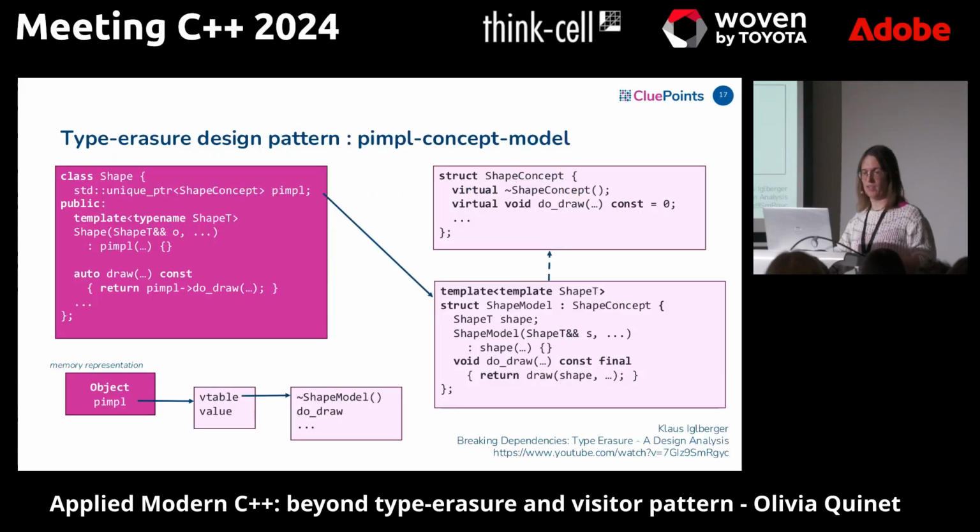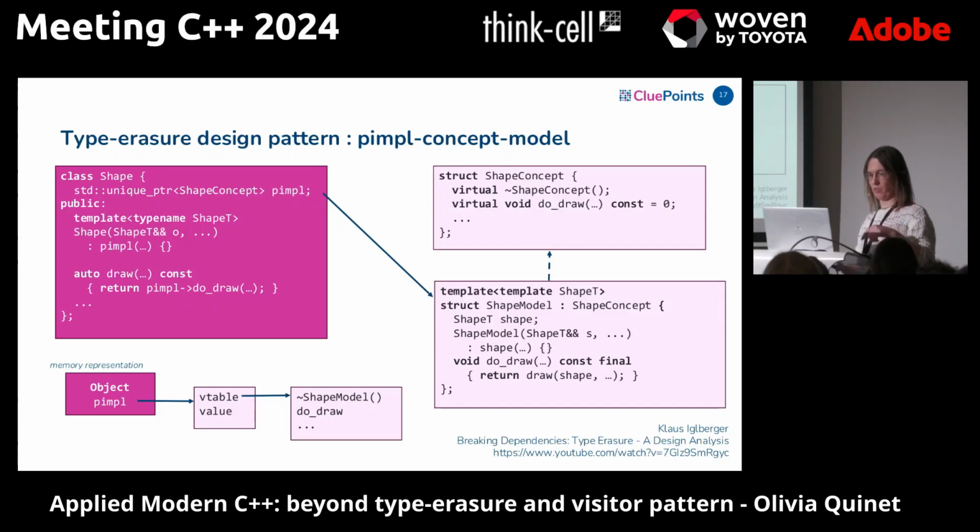Behind the scenes, you have the shape, and that shape contains, in fact, a pimpl, so a pointer that will contain all the implementation of the interface. It will do the binding.